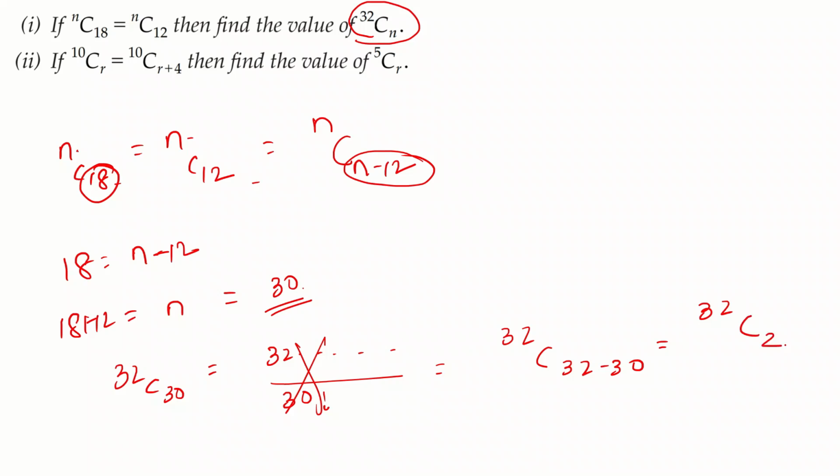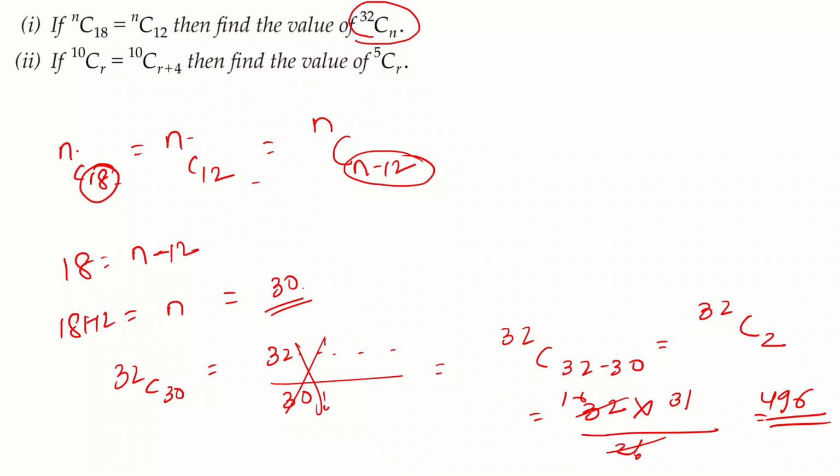So 32C2, and now it becomes easier to solve. Starting with 32 and going down 2 steps, 32 times 31, divided by 2 factorial, which is 2. So 16 times 31 is 496. 496 is our answer.